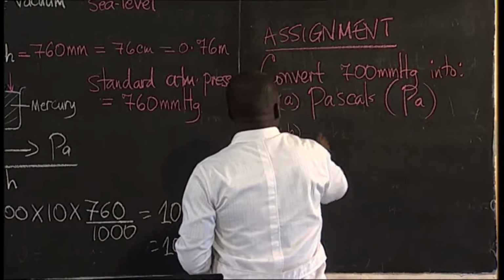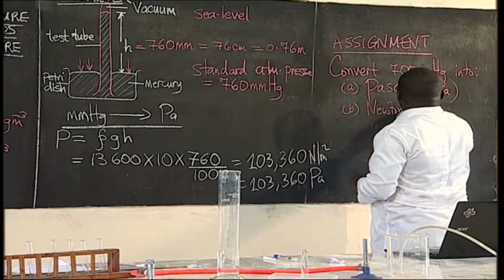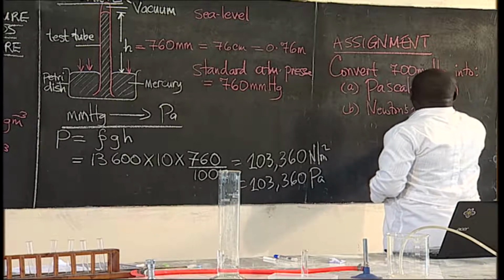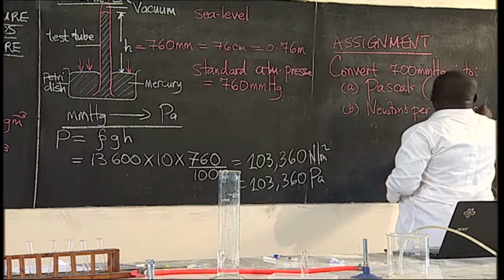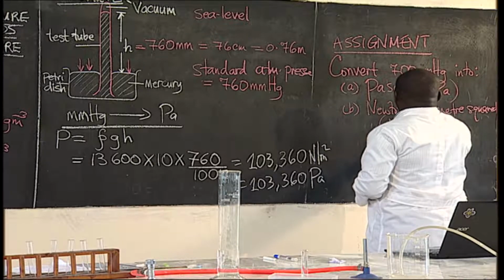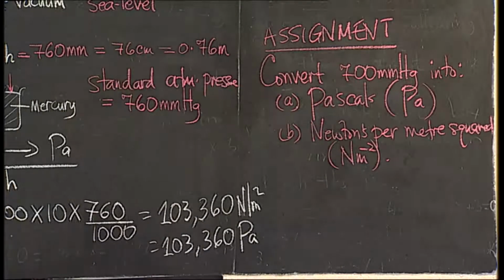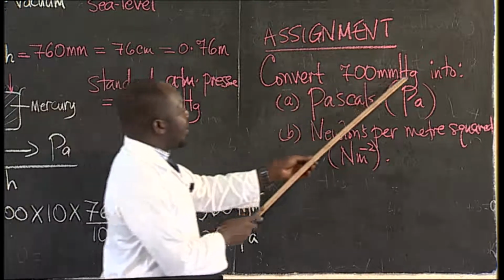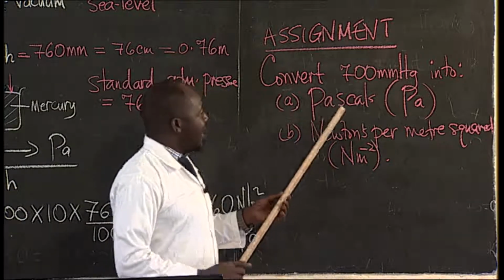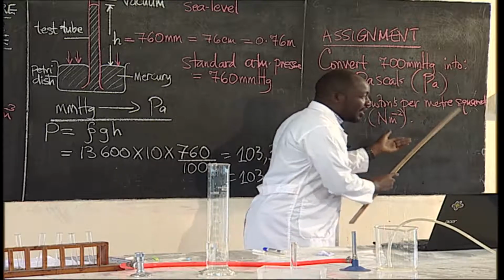Then 2, I want you to convert it into newtons per meter squared, which you can write as Nm to the power negative 2. How do you convert those units of pressure? Converting 700 millimeters of mercury into pascal and 700 millimeters of mercury into newtons per meter squared.